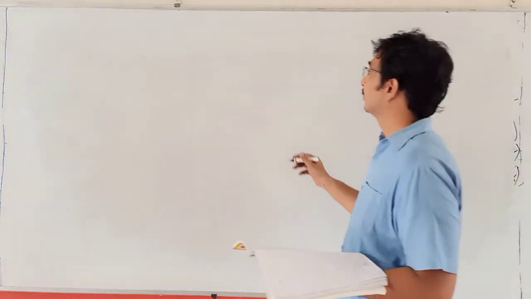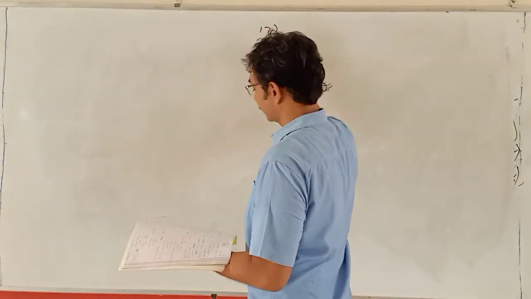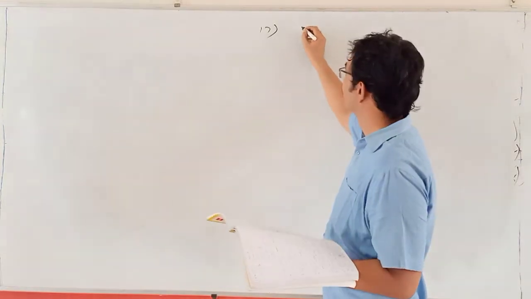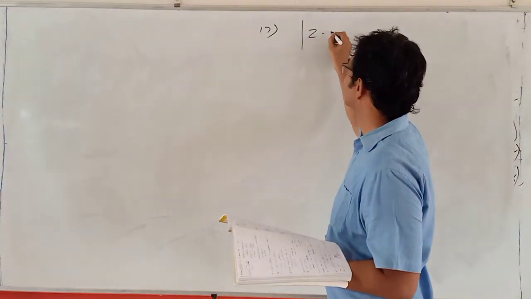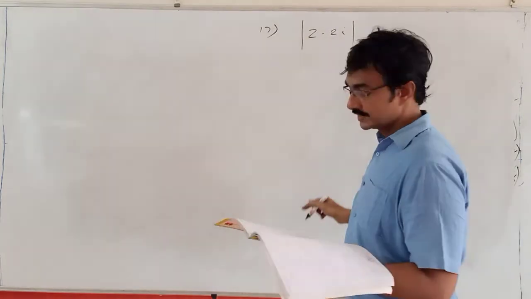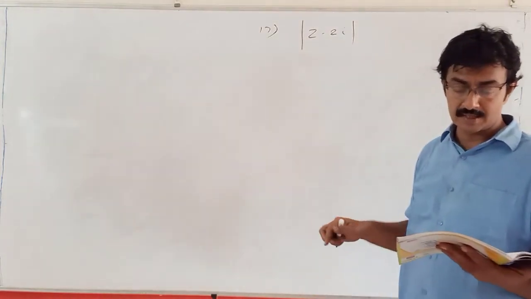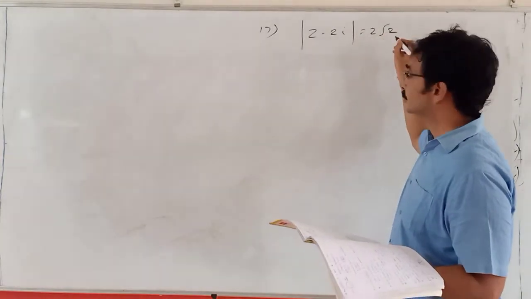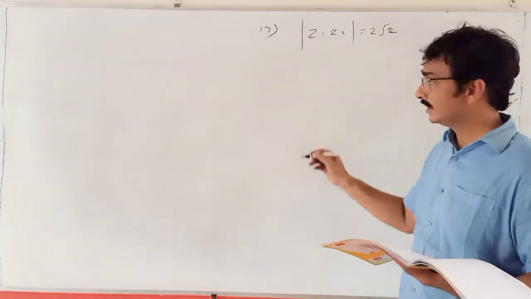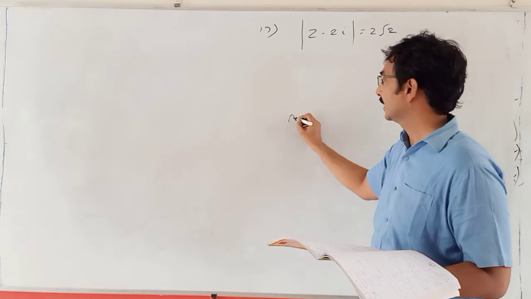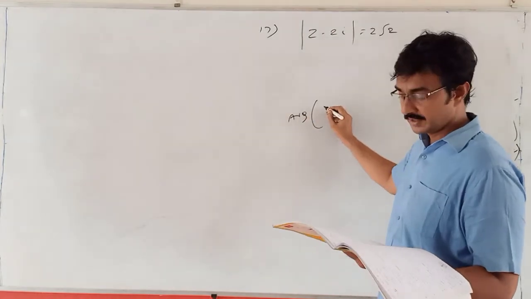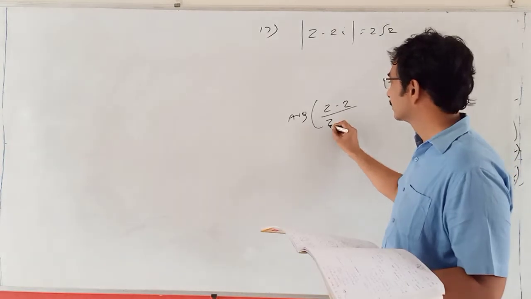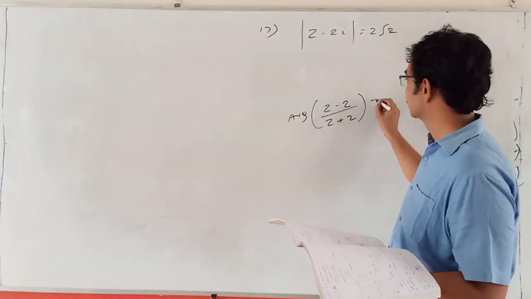Next, the 17th one. If Z lies on the circle modulus of Z minus 2i equal to 2 root 2, then argument of Z minus 2 by Z plus 2.